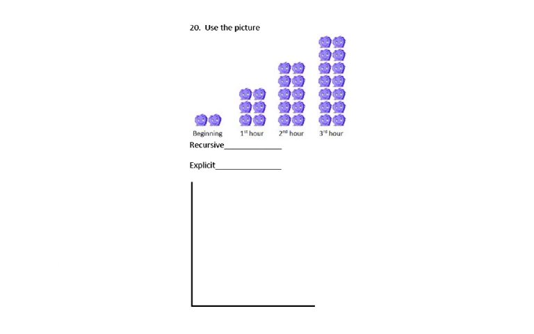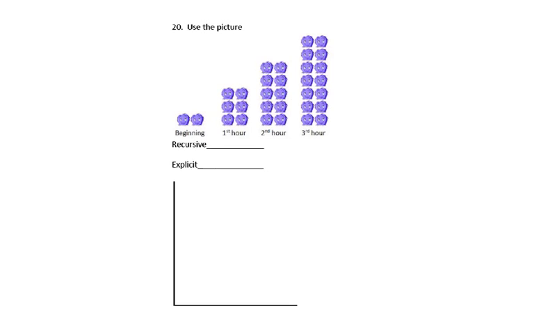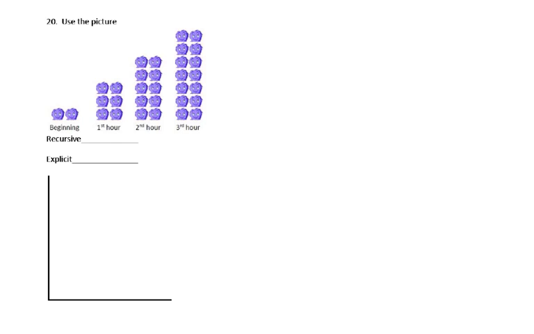Okay, now we've got some furry little dudes here, so we're using this pattern. And once again, I would always suggest making a table. I think the table is the easiest thing to see this with. So, in the beginning, that's like 0, right? There's 2 of them. So, in the beginning, we have 2.